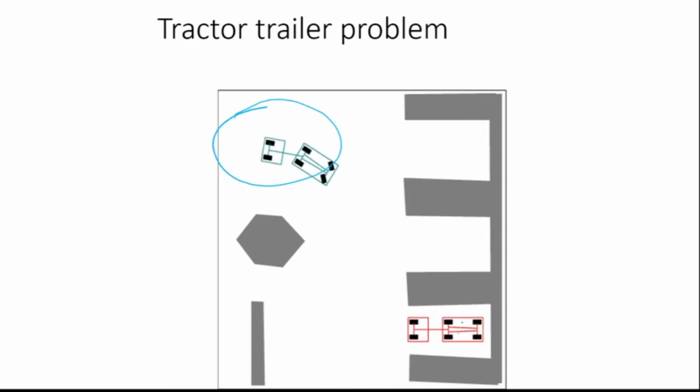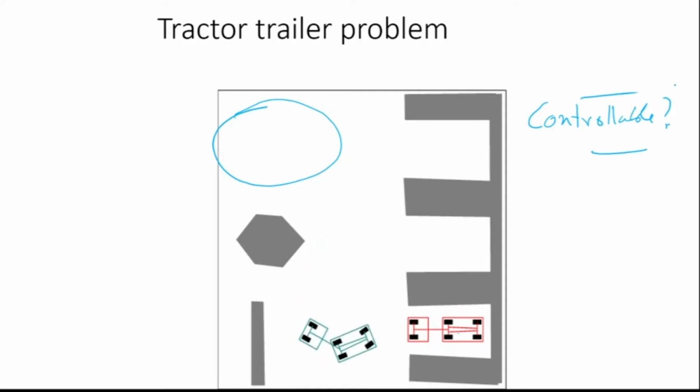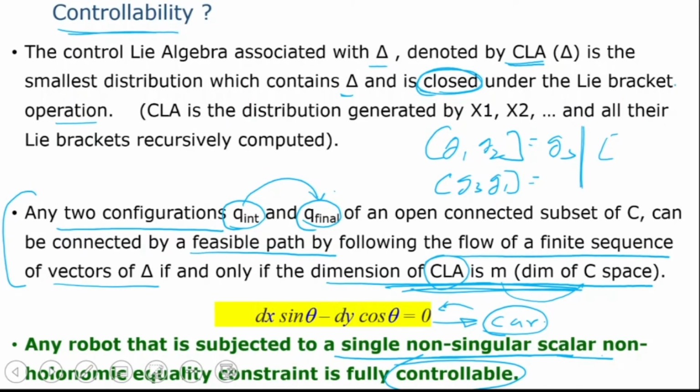The first question I need to ask is: is this system fully controllable? If it is fully controllable, then only can it go and park like that, otherwise it can't. So how do we figure that out? We go back to our definition and see that if the dimension of the CLA is equal to the dimension of the C space, in that case the system is fully controllable, not otherwise.